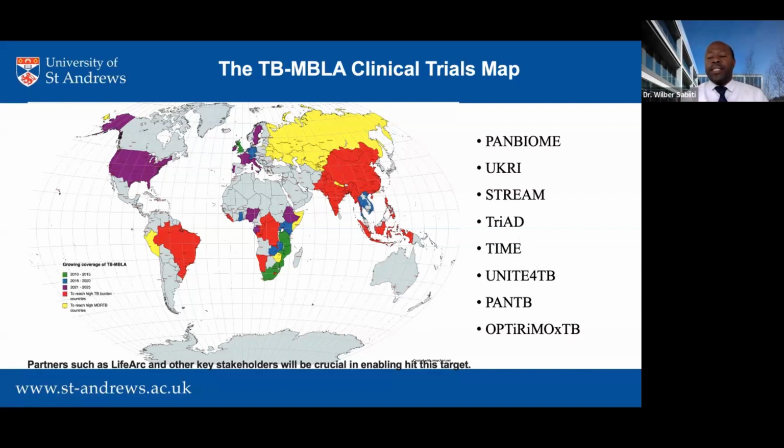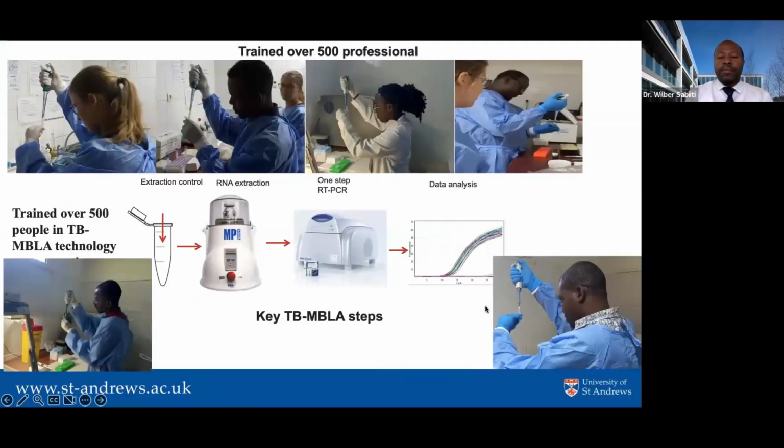Unite for TB is all over Europe, parts of Latin America, USA, and also Africa. We also do training. We go to different places and train people on how to implement TB-MBLA, and we've trained over 500 people in how to apply TB-MBLA.